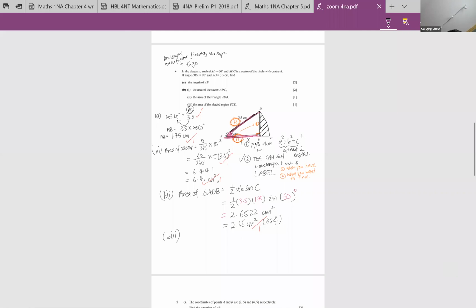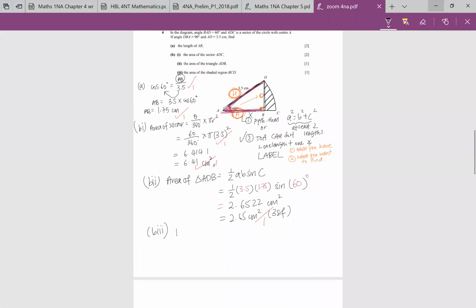Hello, Natasha. Do you know how to find area of shaded region? Area of sector minus area of triangle ADB. Very good. So Natasha say use area of sector minus area of triangle ADB.